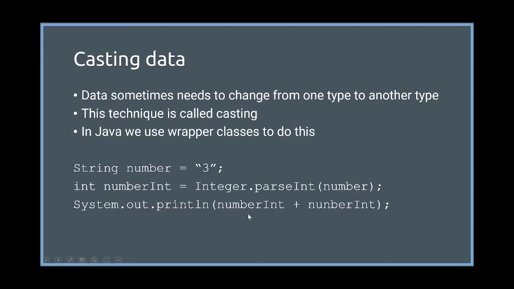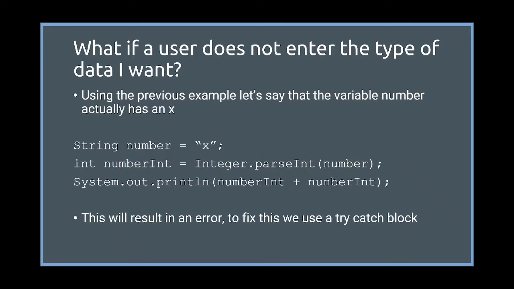We are then printing out the result of adding those two numbers together. I know this might sound a little bit far-fetched, or feel hard to get your head around, but when we do the demonstration you'll be able to see this.